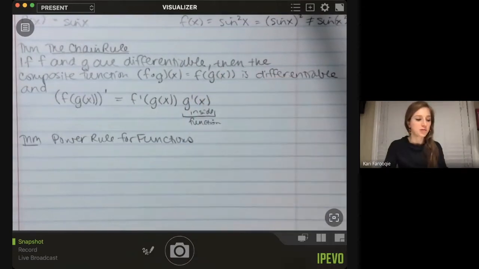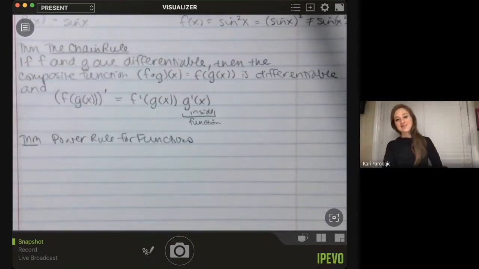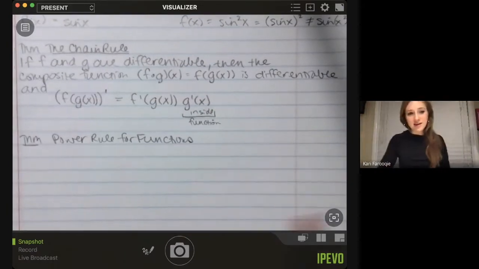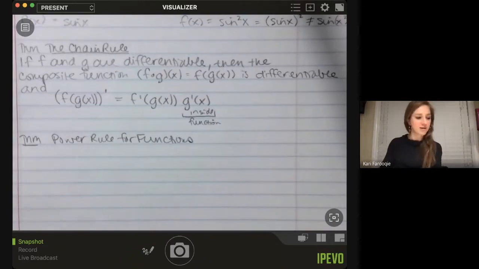And Aiden is probably wondering, like, ooh, is this when we're going to talk about taking a function to a rational power? No, you're still not talking about it yet, so stay tuned. Right now, we're still talking about integer powers. All right, so here's your theorem.